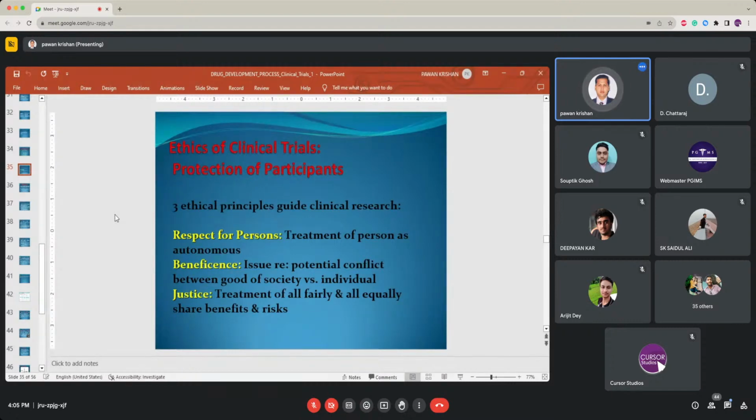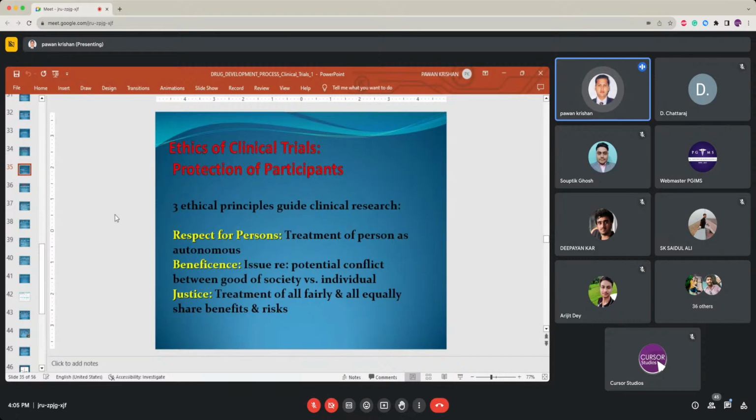It's very important that you give full autonomy to the trial subject. That means the trial subject has full freedom and autonomy to take decisions with respect to participation or dissociation from the clinical trial without any compulsion and without assigning any reason.